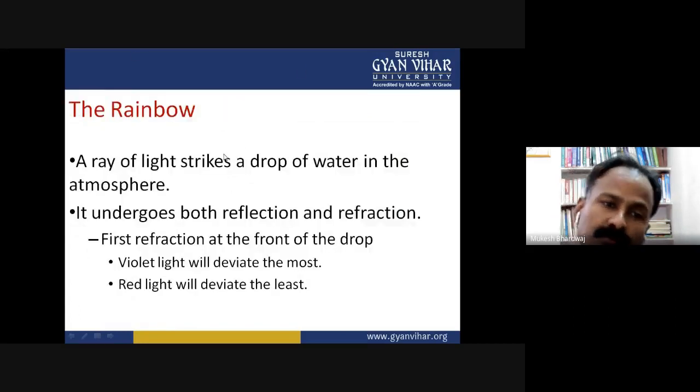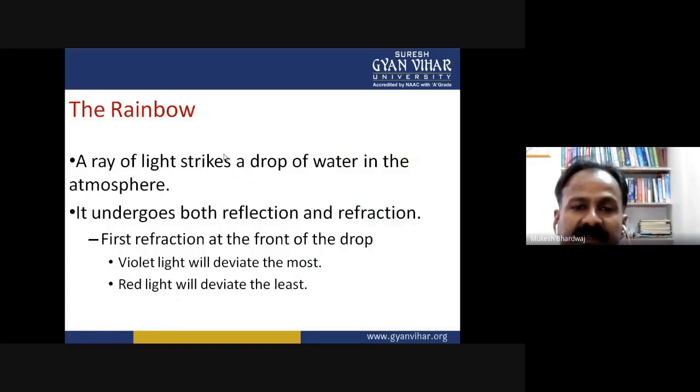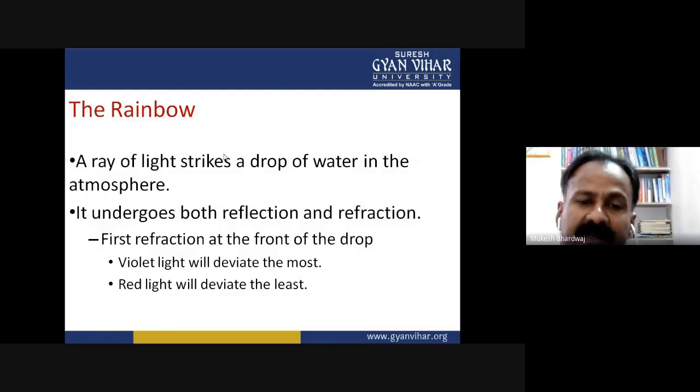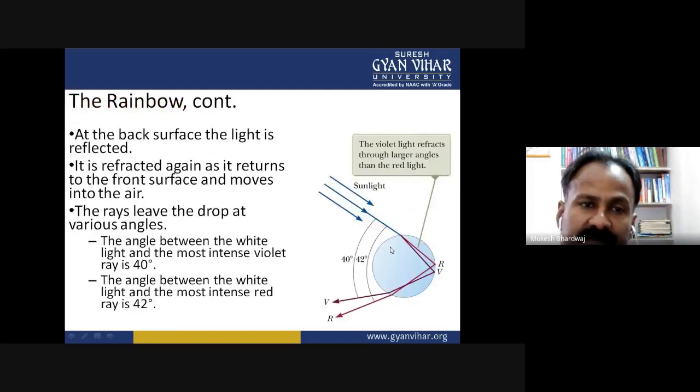The rainbow. A ray of light strikes a drop of water in the atmosphere. It undergoes both reflection and refraction. First, refraction at the front of the drop. Violet light will deviate the most, red light will deviate the least. At the back surface the light is reflected.